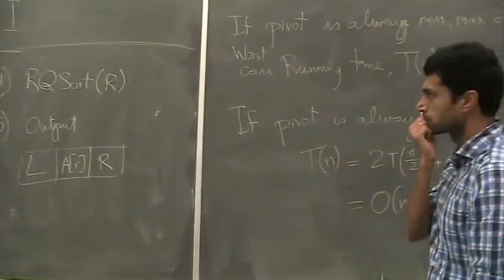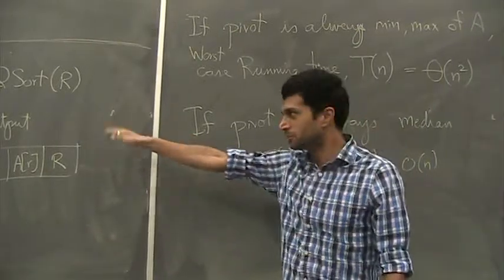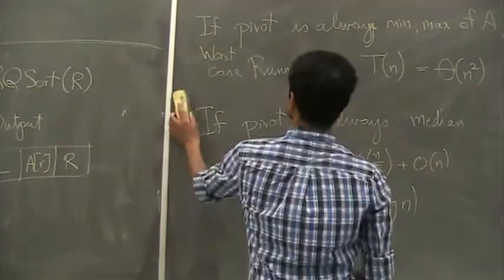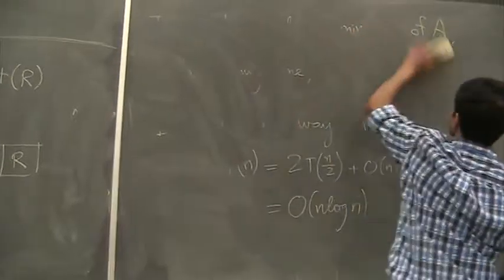So I'm going to get rid of randomized. I'm going to remove this algorithm. No, actually, let me keep this. Let me get rid of this instead. Okay.